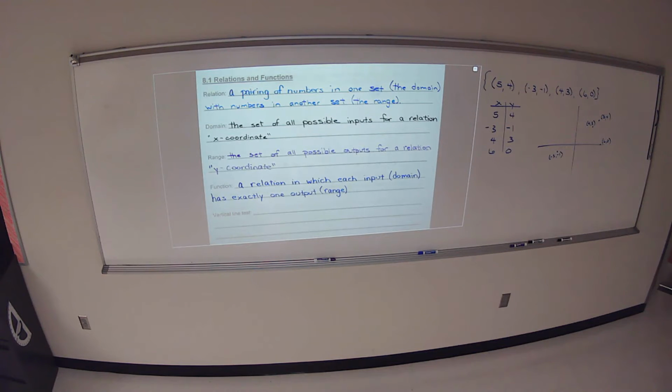A relation in which each input has exactly one output.